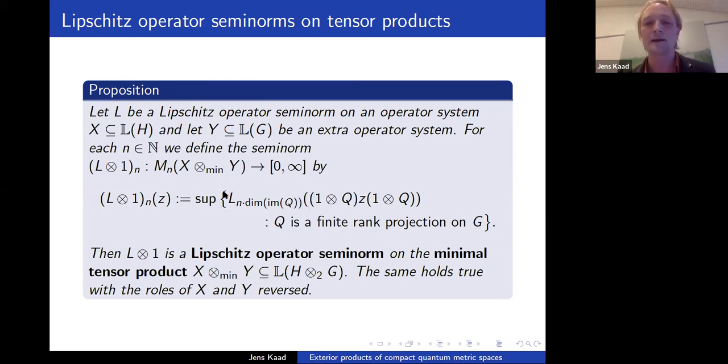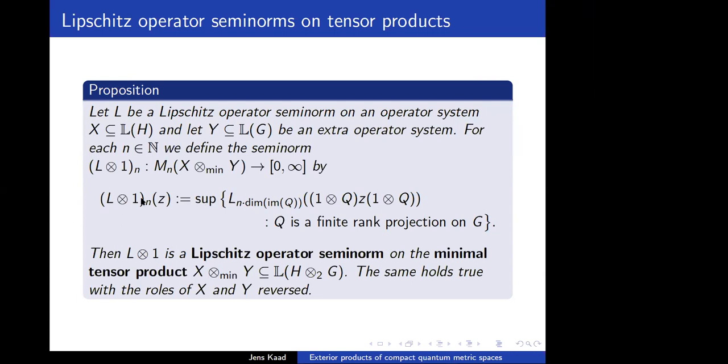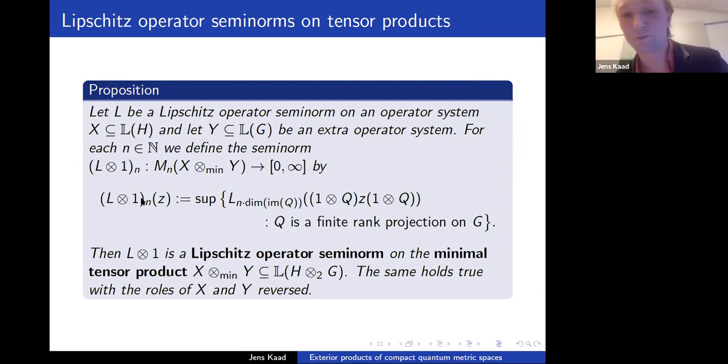And then I have my Lipschitz operator seminorm, it's defined in each degree, so I can apply it to this n by n matrix of operators in X. Then I take the supremum over all such finite rank projections. I have the value of L tensor 1 at this matrix of operators inside the minimal tensor product.